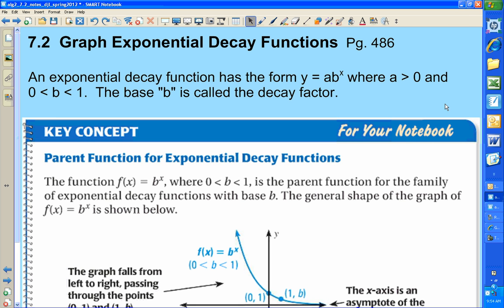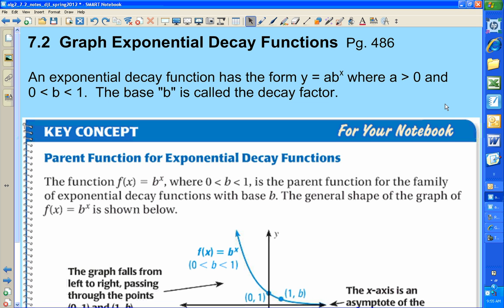So today's stuff works exactly the same as Friday. It's the same notes. If everything is the same, y equals a b to the x, a has to be greater than 0, and, well, a isn't always going to be greater than 0, but b has to be between 0 and 1 today. What was the limit on b on Friday? It had to be bigger than 1.